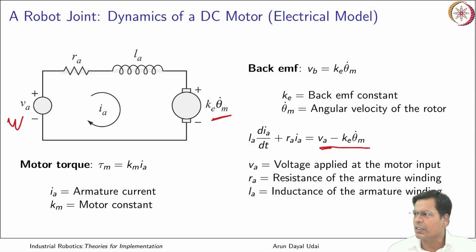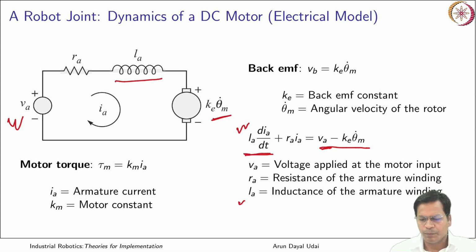That is what is causing the potentials to be generated across resistance and across the inductance. Across inductance it is La, that is inductance of the armature winding, into dIa by dt, rate of change of current. So voltage induced across inductor is inductance, that is the constant, into rate of change of current. Higher is the rate of change, higher is the voltage induced across this inductance.